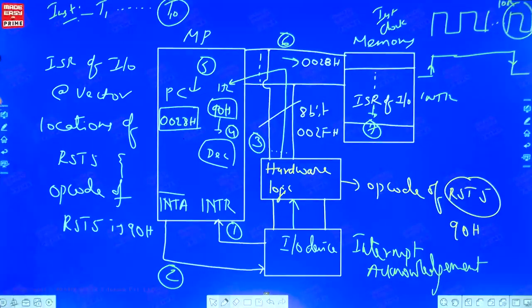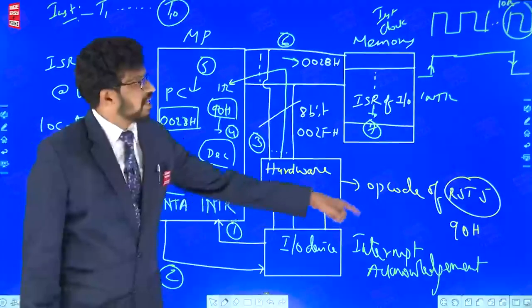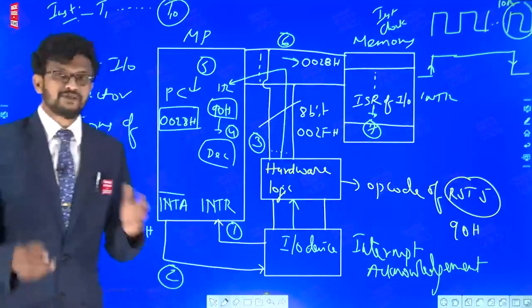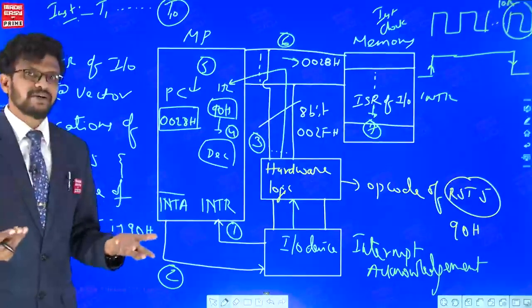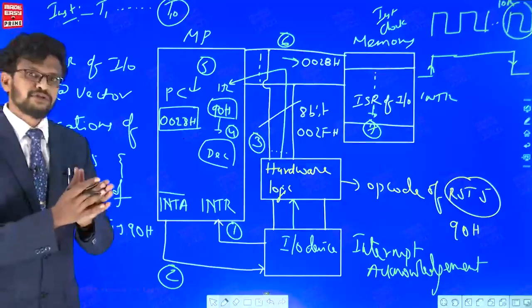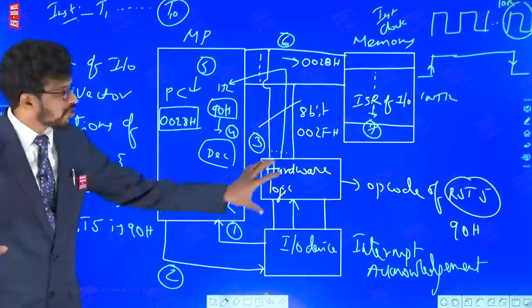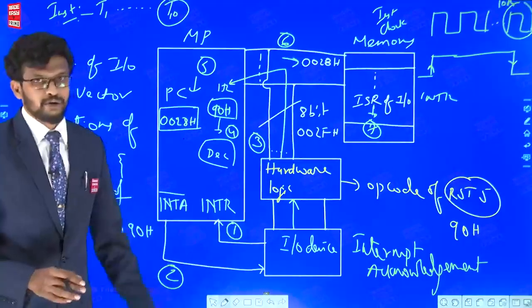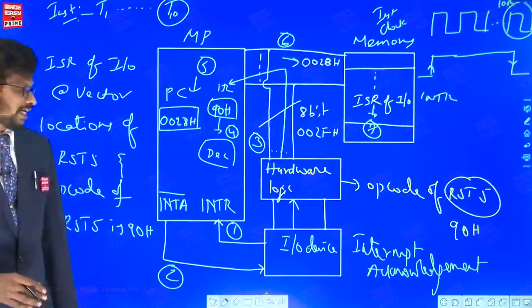Now for example, you have stored the ISR at RST5, so you have designed the opcode of RST5. If you have stored the ISR at some other software interrupt location, that particular opcode will be designed. If you want to support 8 different IOs, instead of the hardware logic, we can use one 8x3 priority encoder. That is the significance of INTR.